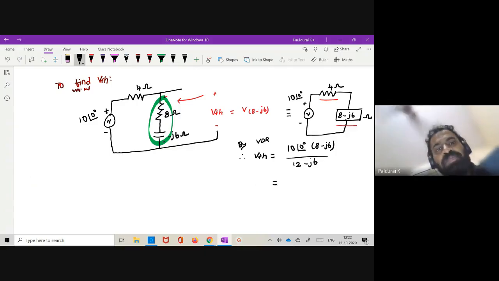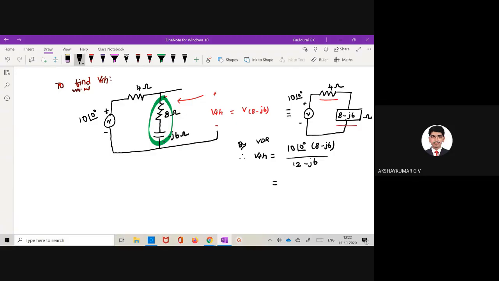Got my point? As per Akshay Kumar's point, it's correct. You can find the current, then multiply that current by resistance, you will get the same expression. Or otherwise, simply if you apply VDR, voltage division rule, you know what is the value for VTH in rectangular as well as polar format.